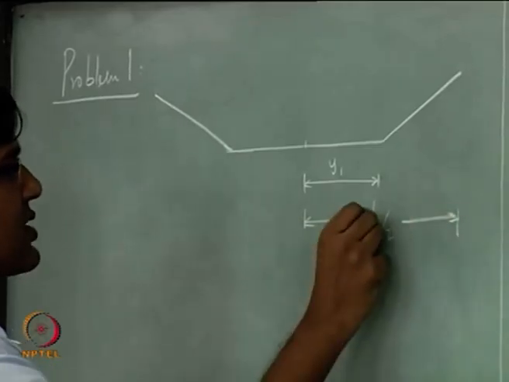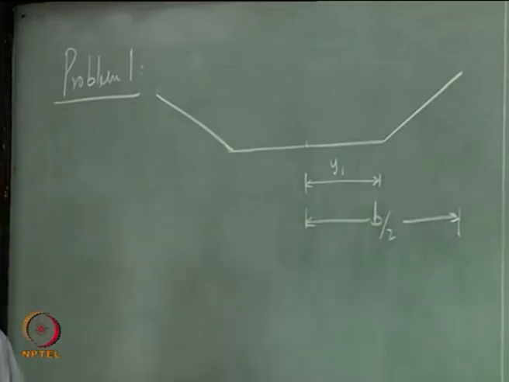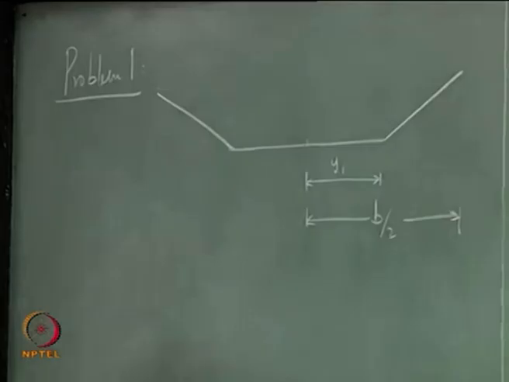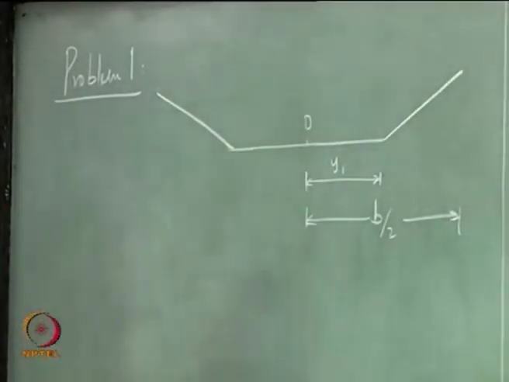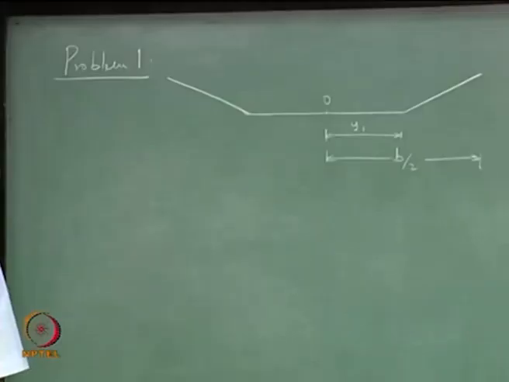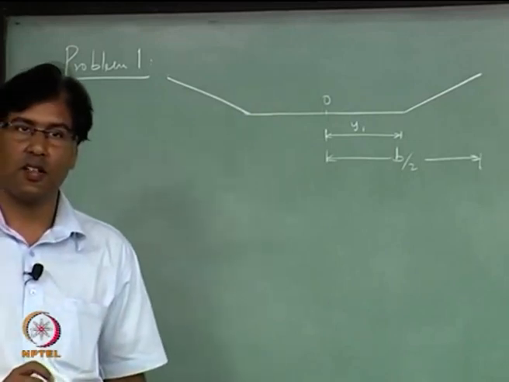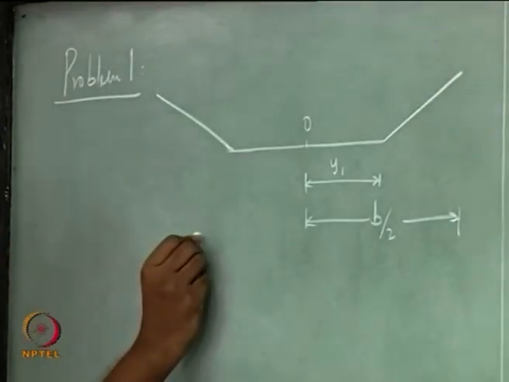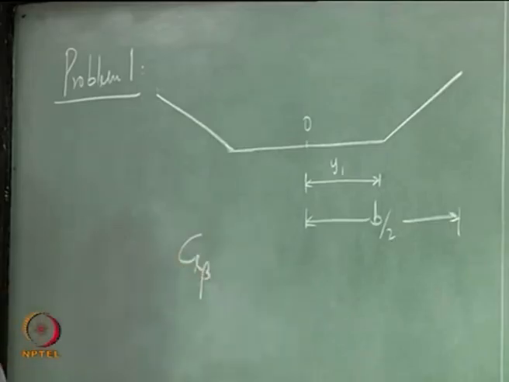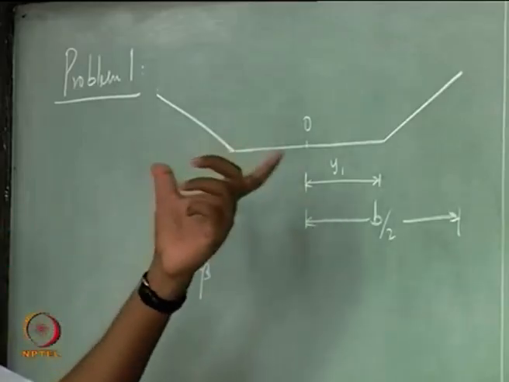Span of the wing is b and half span is b over 2. Right. What I want to measure is CL beta, which we get from this kind of arrangement. Okay.